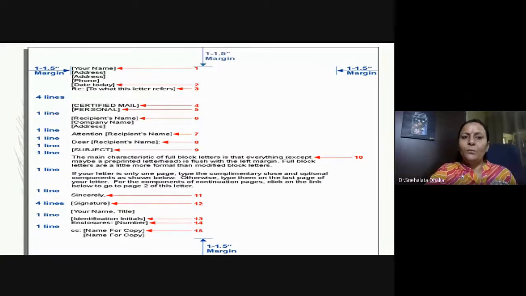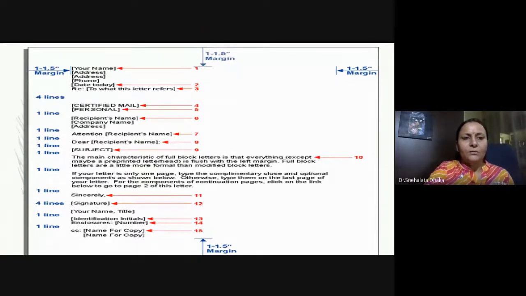So in full block format, all these steps will be aligned from the left side. In the semi-modified block format, the first step of information will be shifted to the center, and in the modified block format, the first step of information will be shifted to the very right side of the sheet, and the rest of the steps will be aligned from the left side of the sheet only.